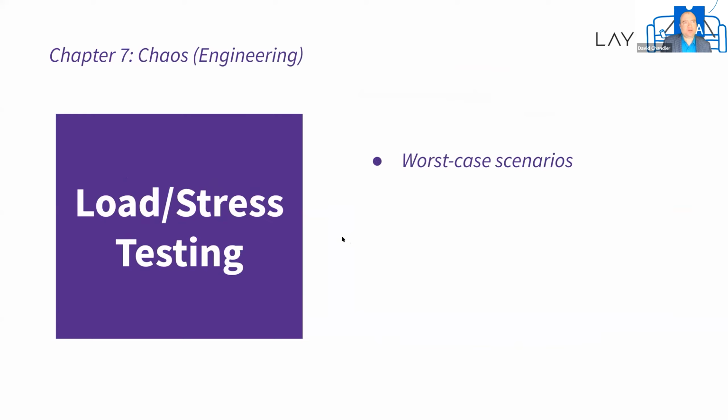So when it was working for the easy cases, it was time to shake all the bugs out. Let's load test it. Let's stress test it. Let's chaos engineer it. Let's try to break it.